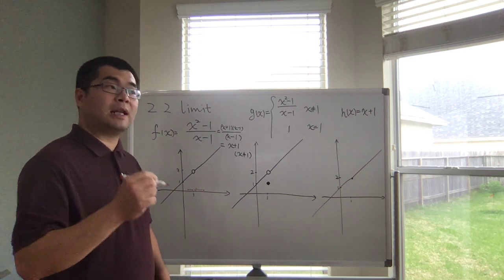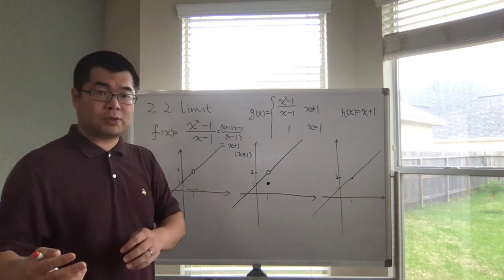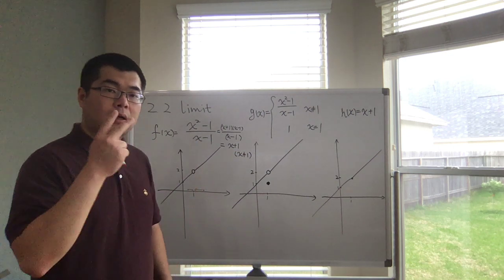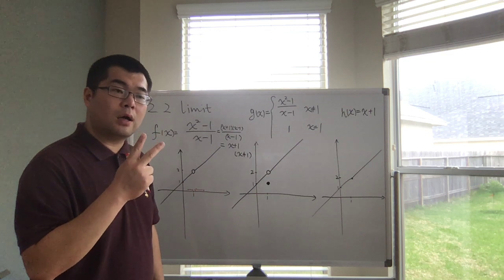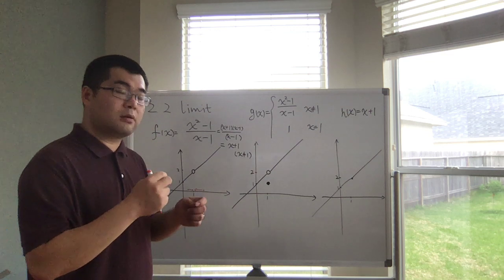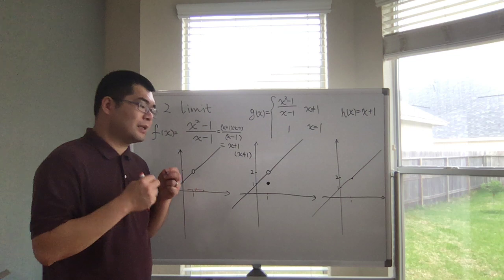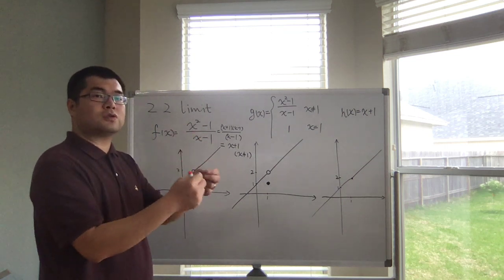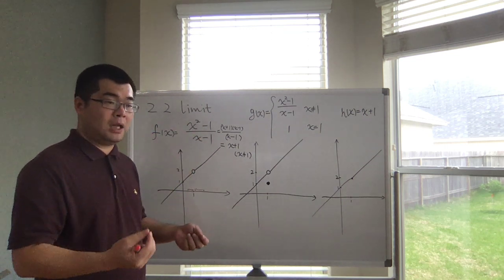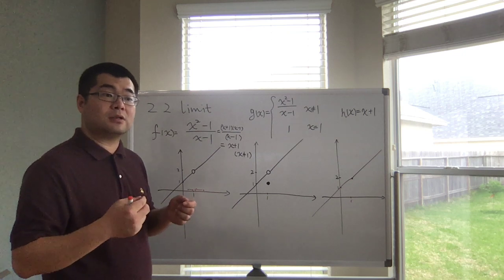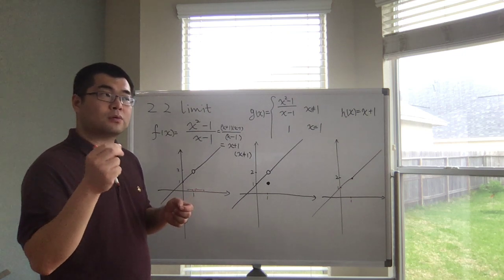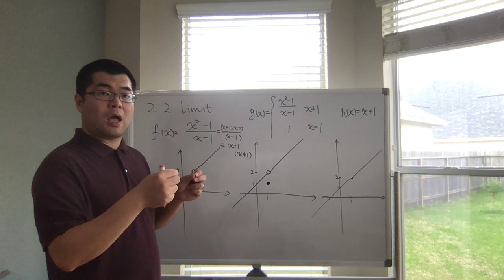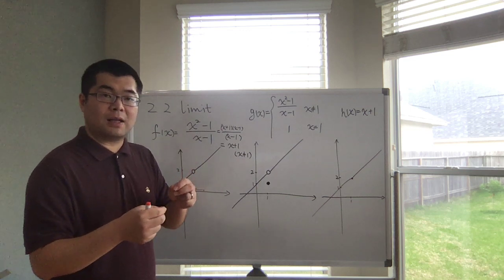Every time we claim a limit of something, it's always going to have two sides, okay? In other words, guys, when we talk about the limit as x approaches some constant number, let's say a, you have to consider either x approaches a from the right and x approaches a from the left.